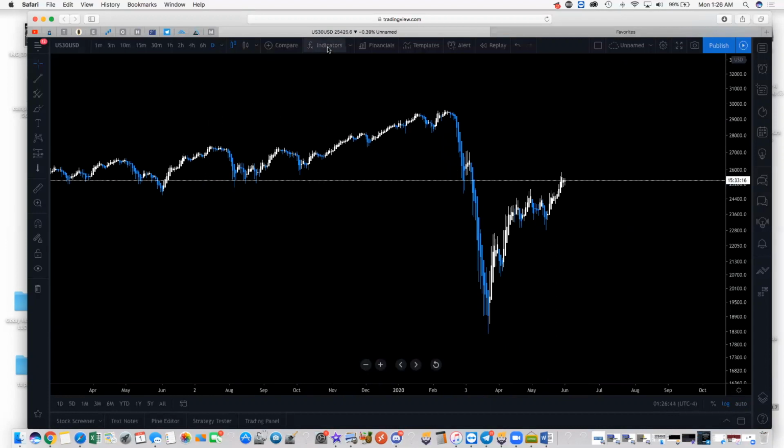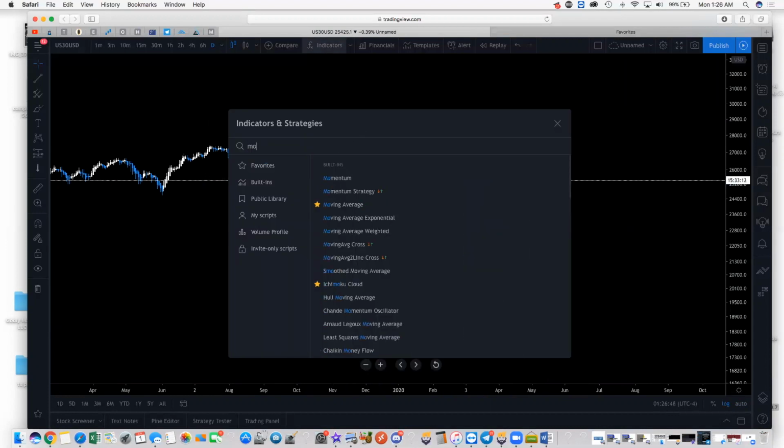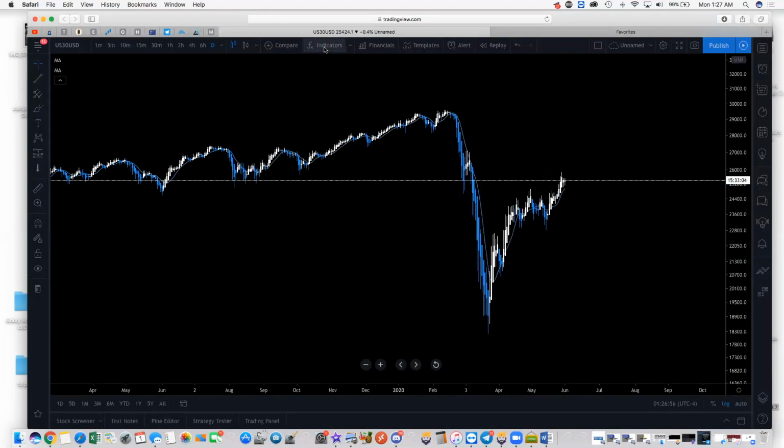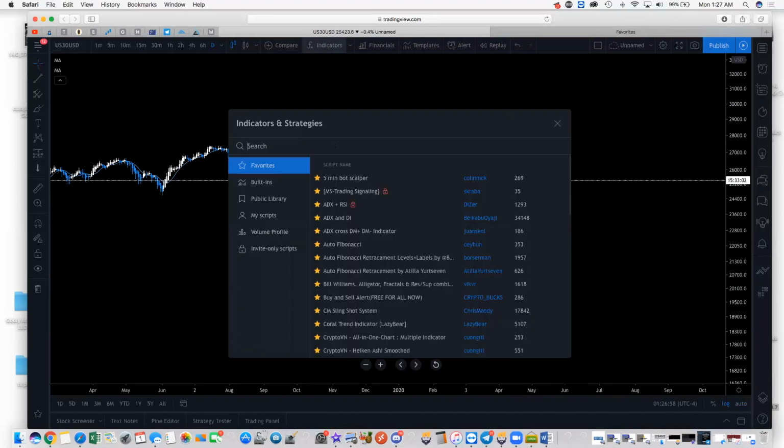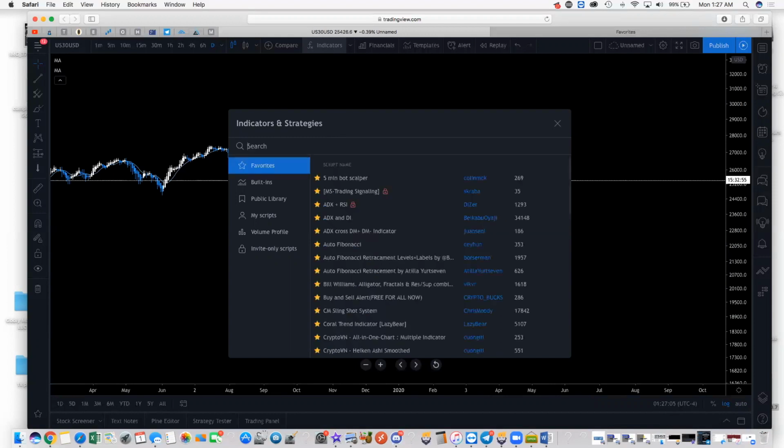So what we're going to do first, come up here, say indicators. We're going to type in moving average right there. We're going to click that twice. And then after that, we're going to type in support.